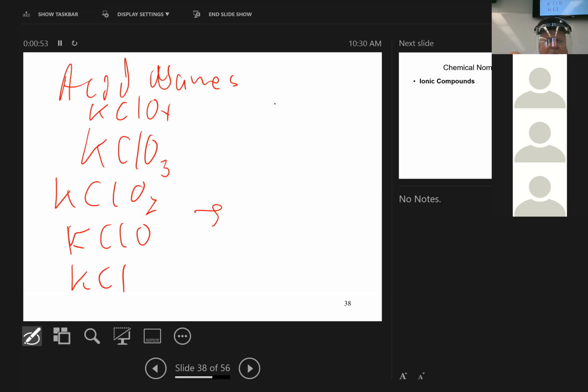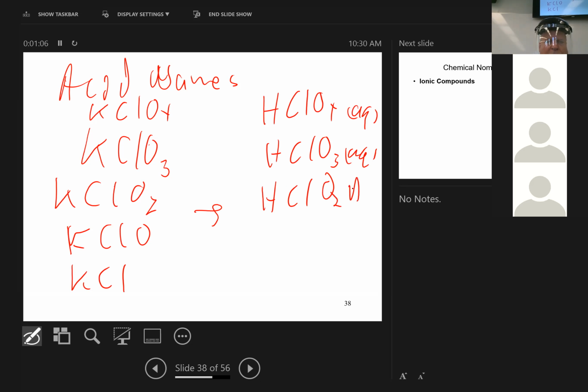When this is transferred to the acid, this is HClO4 aqueous, HClO3 aqueous, HClO2 aqueous. The aqueous has to be there for it to be an acid, okay? And then this is HClO aqueous, and then HCl aqueous, okay? So there's a whole bunch in this.